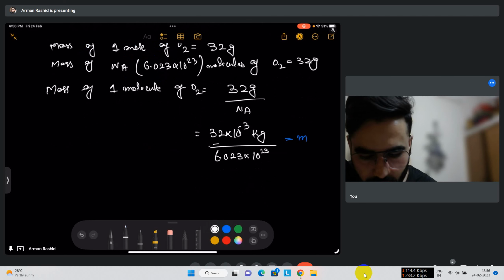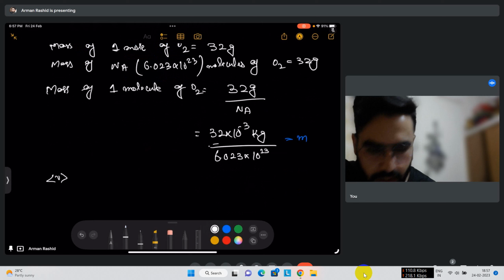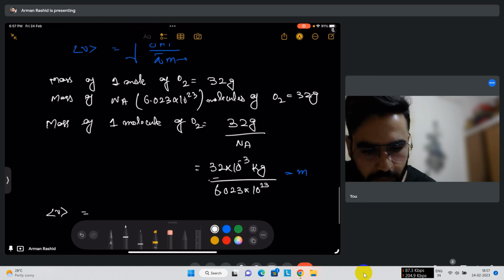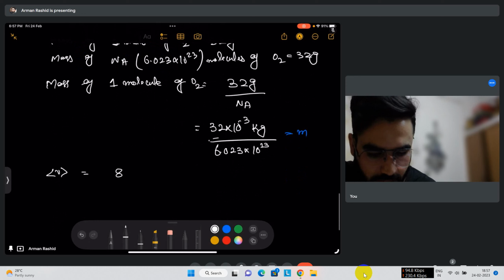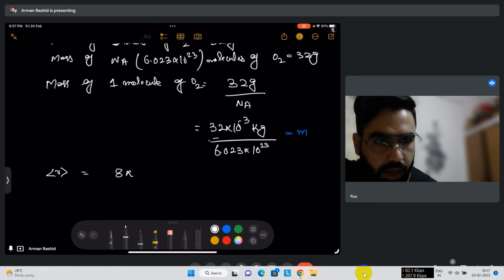Now the average velocity will be given by 8 multiplied by kb.